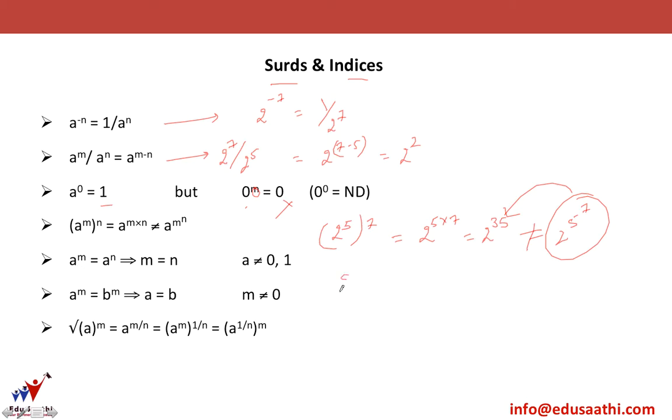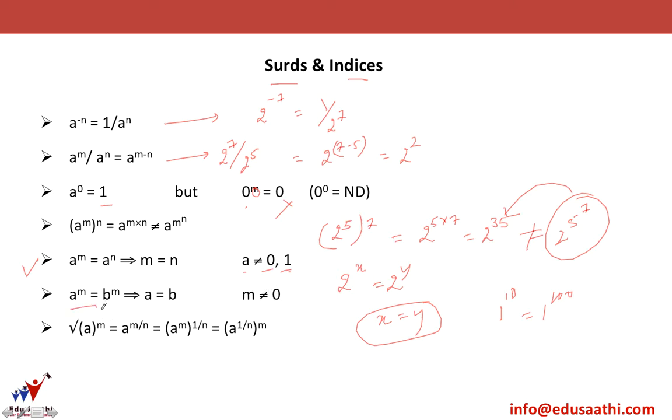If I have 2 raised to power x is equal to 2 raised to power y, then x has to be equal to y. Given the reason that a is not equal to 0 or 1, so 2 is not equal to 0 or 1, because 1 raised to power 10 is equal to 1 raised to power 100, but this identity here does not hold true for 0 and 1.